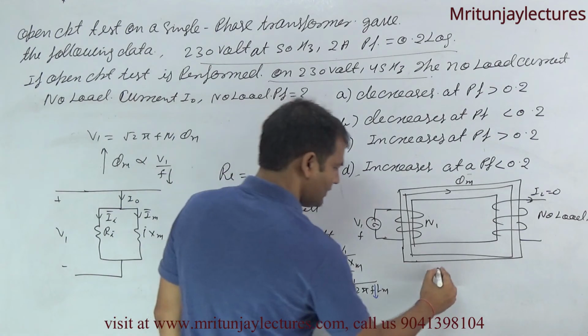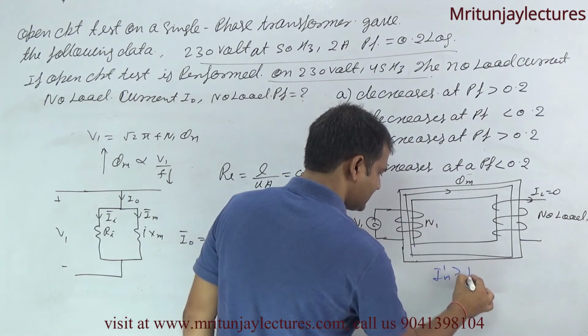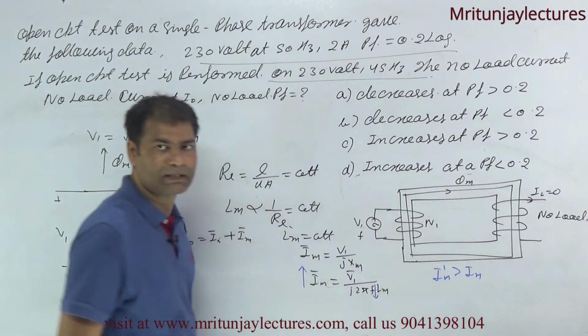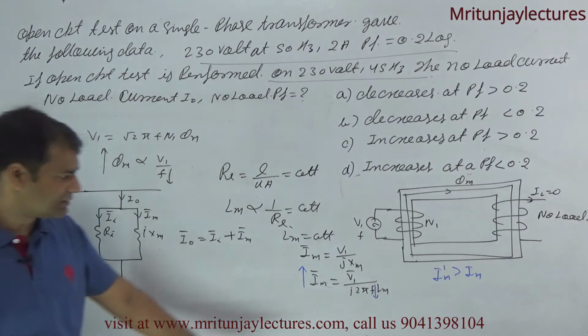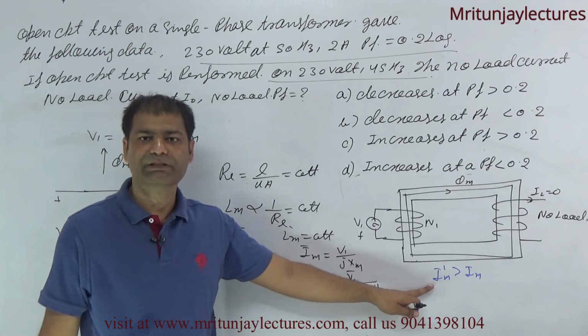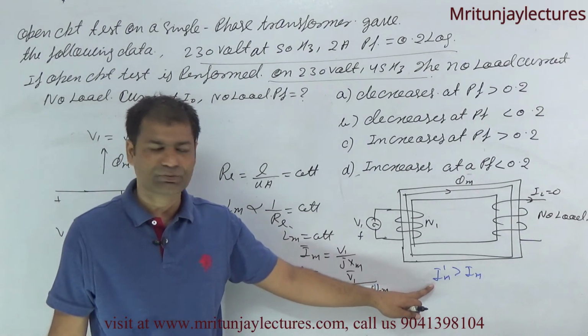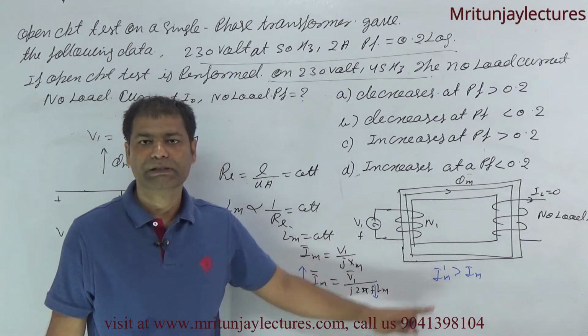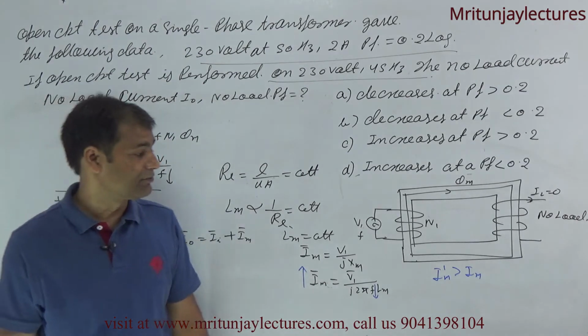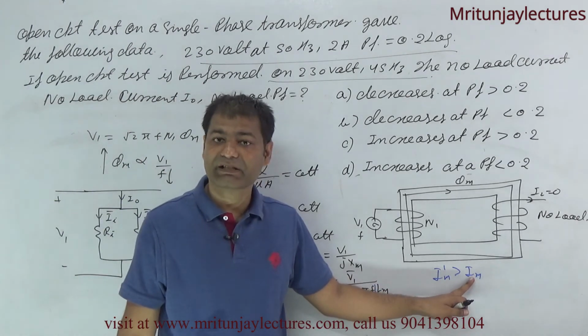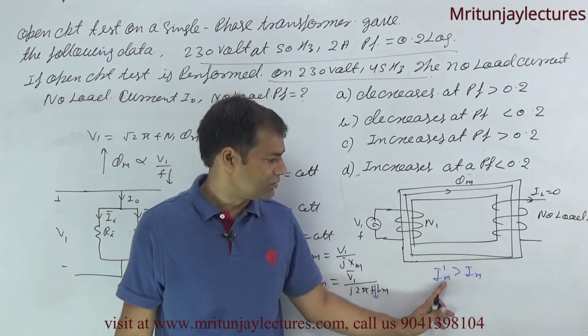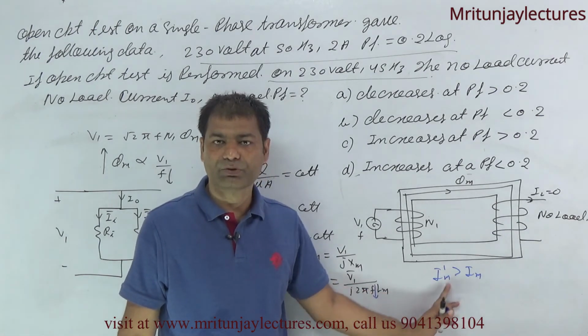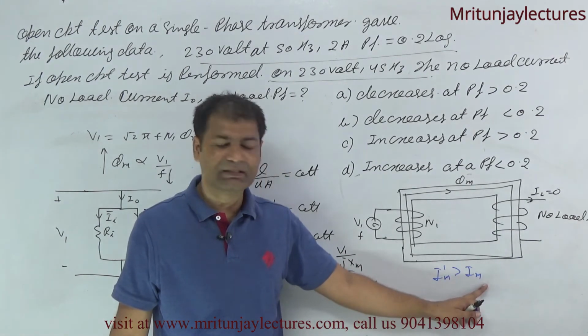It increases. It means Im dash is greater than Im. If the frequency decreases to 45, suppose the current is Im dash, and if the frequency is 50, then the magnetizing current is Im. The relation between both: Im dash is greater than Im. Why?